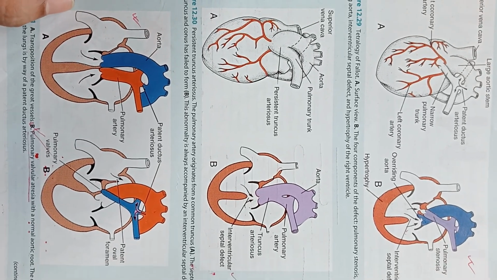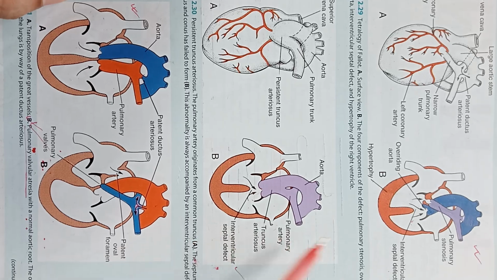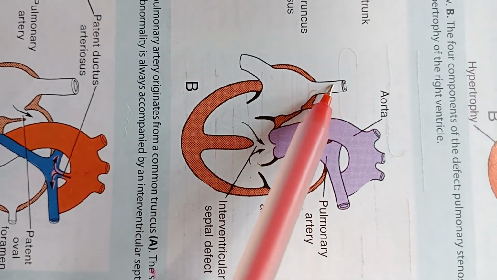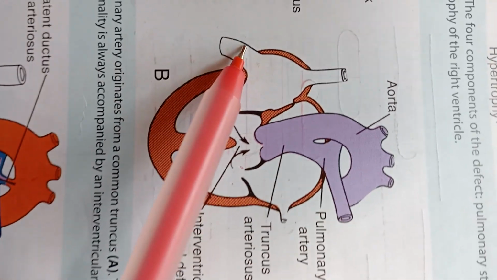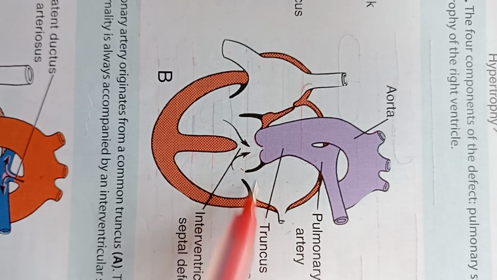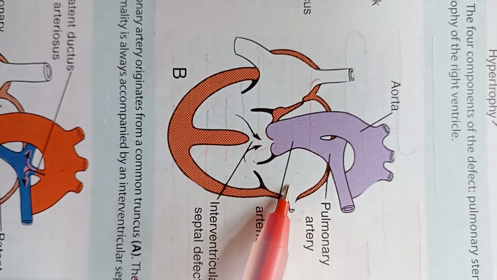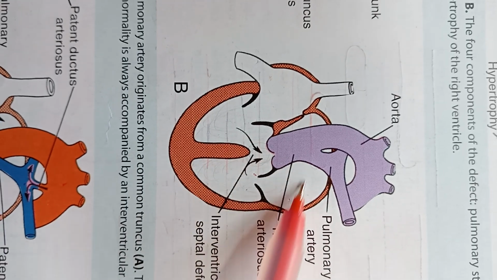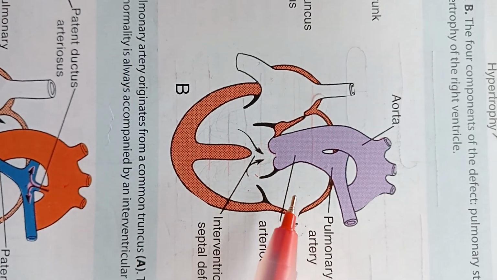So why are they acyanotic? We know on the right side there is deoxygenated blood that comes from the superior vena cava and inferior vena cava, and on the left side there is oxygen saturated blood from the four pulmonary veins. So here in the left side of the heart there is more pressure.